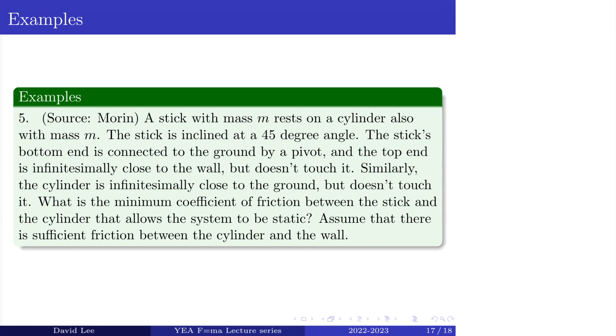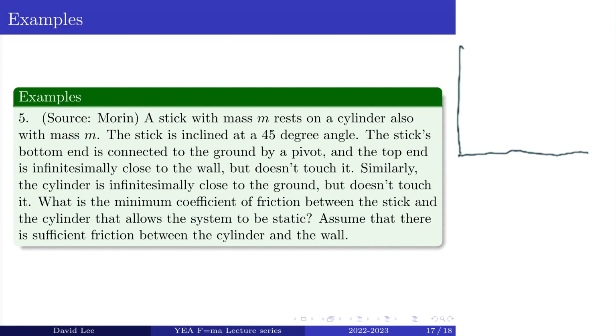What we have is a stick that rests on a cylinder. It will be much easier once I draw the diagram. So what we have here is, first of all, there are two walls. So one wall here and one wall here.